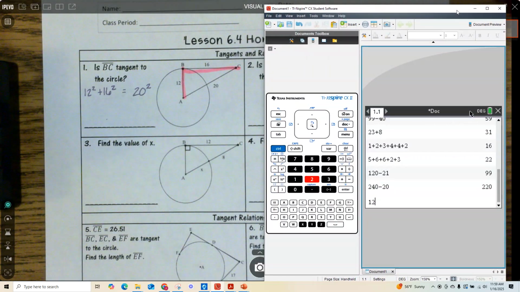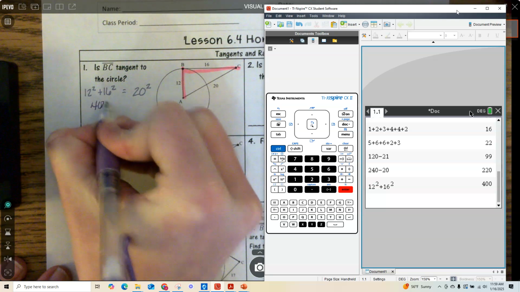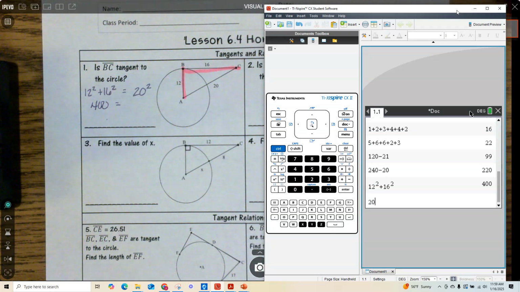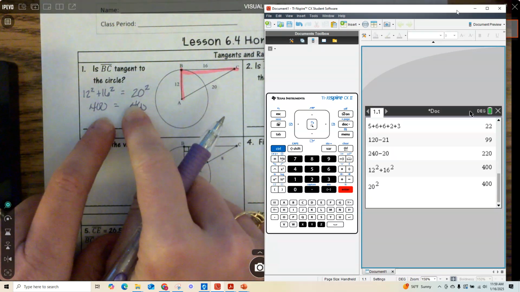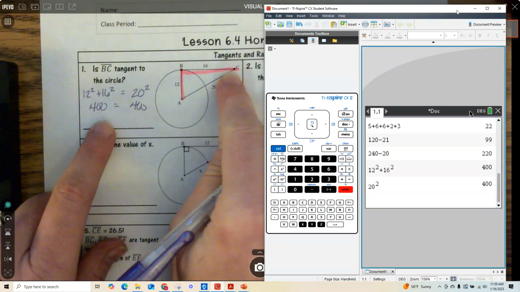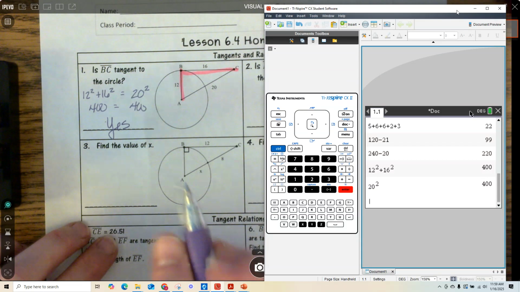If we do 12 squared, not to the 12th, plus 16 squared, I get 400. And then if I do 20 squared, I get 400. If those two numbers are the same, then that line is tangent. Yes, that's a tangent line.